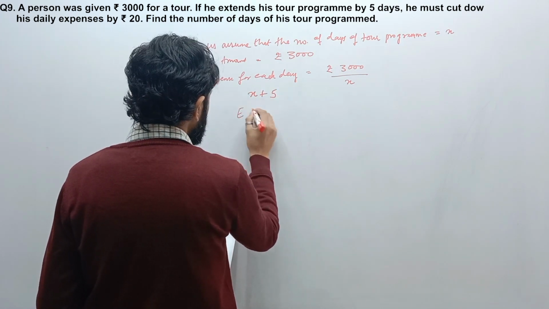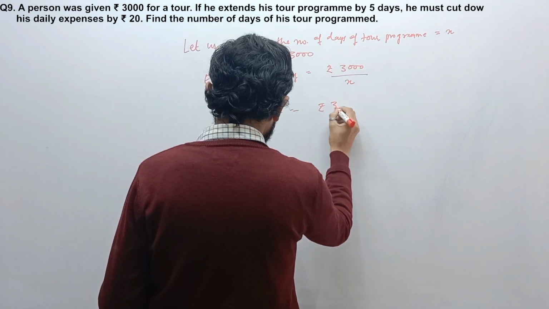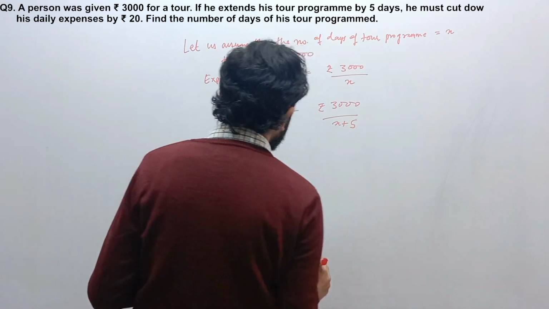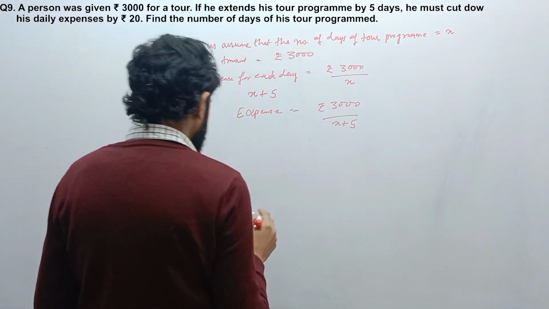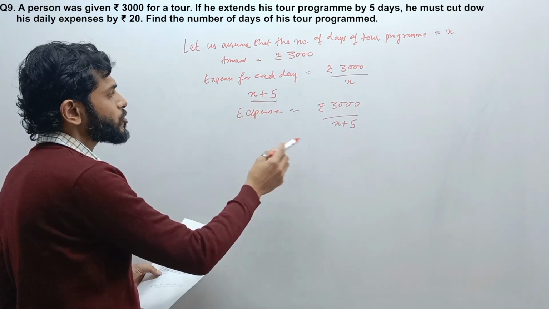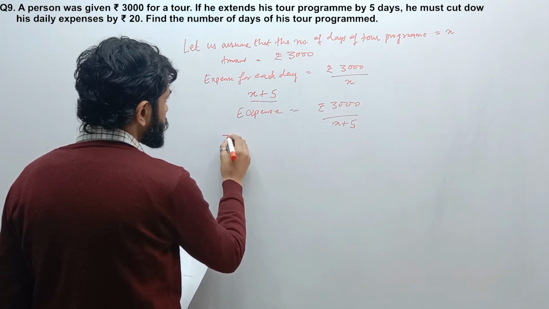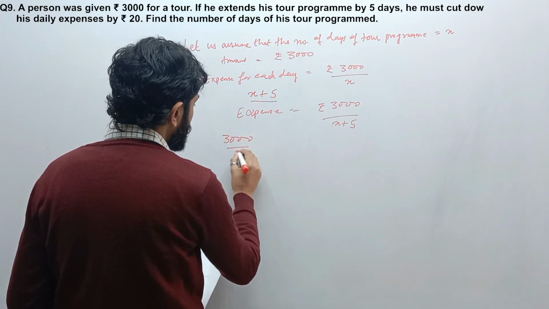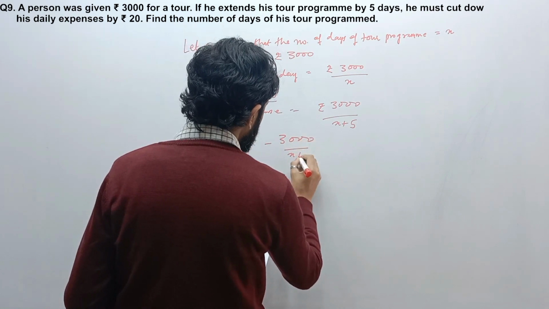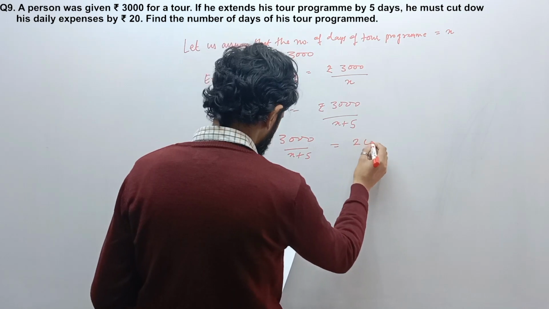So now his expense would be rupees 3000 upon x plus 5. Now, as stated in the question, if he extends his duration by 5 days, he has to cut down his expense by rupees 20. So, forming a quadratic equation out of it, 3000 upon x minus 3000 upon x plus 5. The difference in these two would be 20.